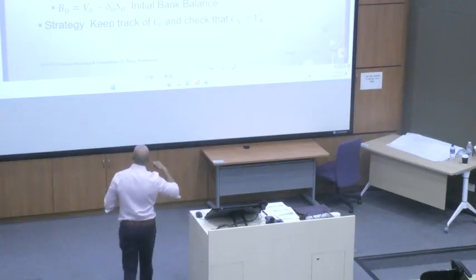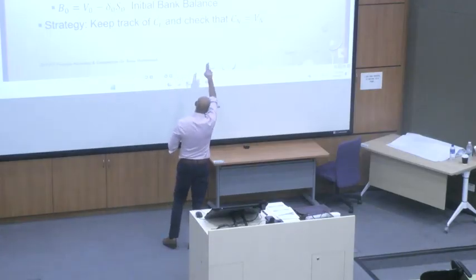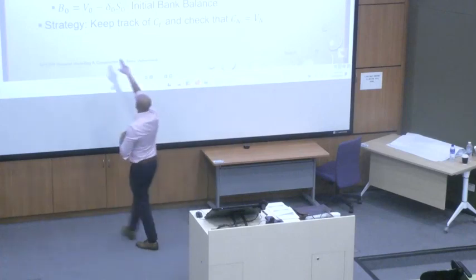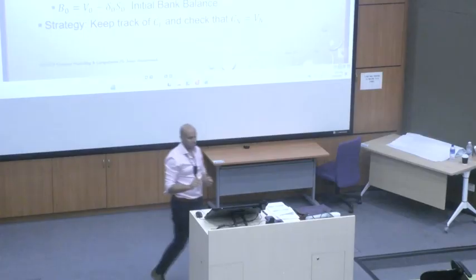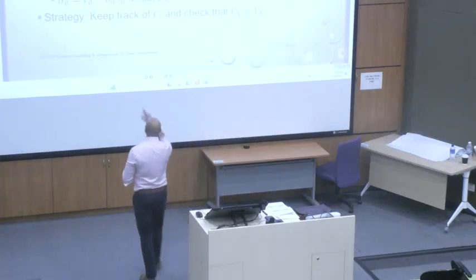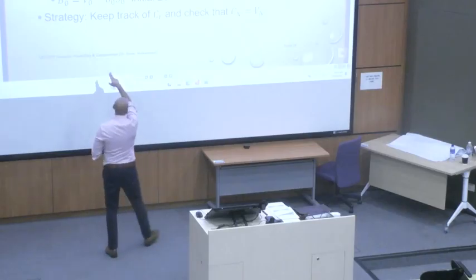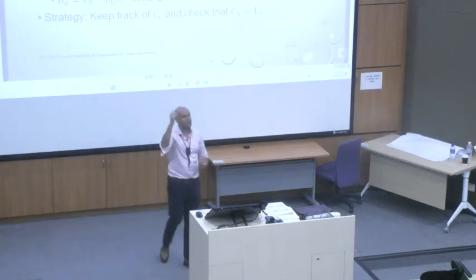So you need to buy delta units of the stock. The science, Black-Scholes, tells you how much. B0 is your initial bank balance. Now what we're going to do is keep track of the value of C and check that at the end, C at time Tn is equal to V at time Tn. Tn is the expiry.